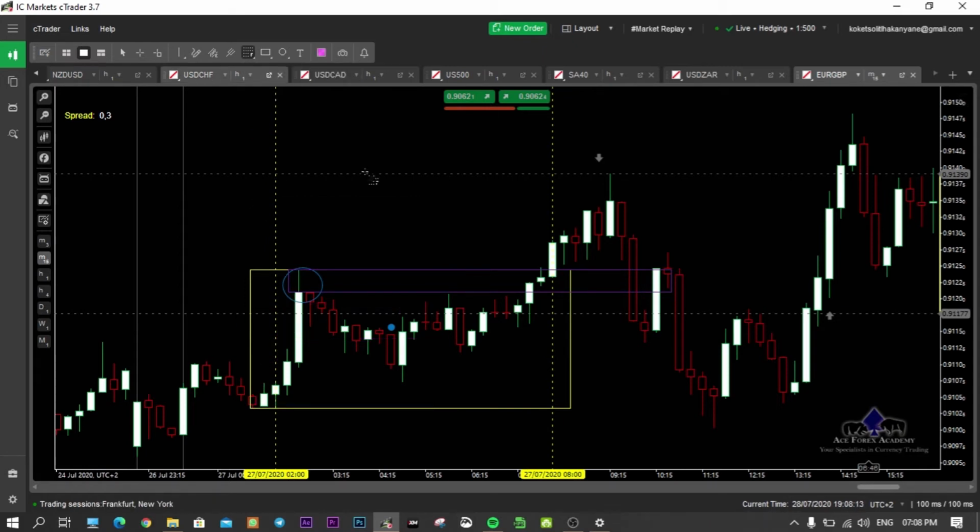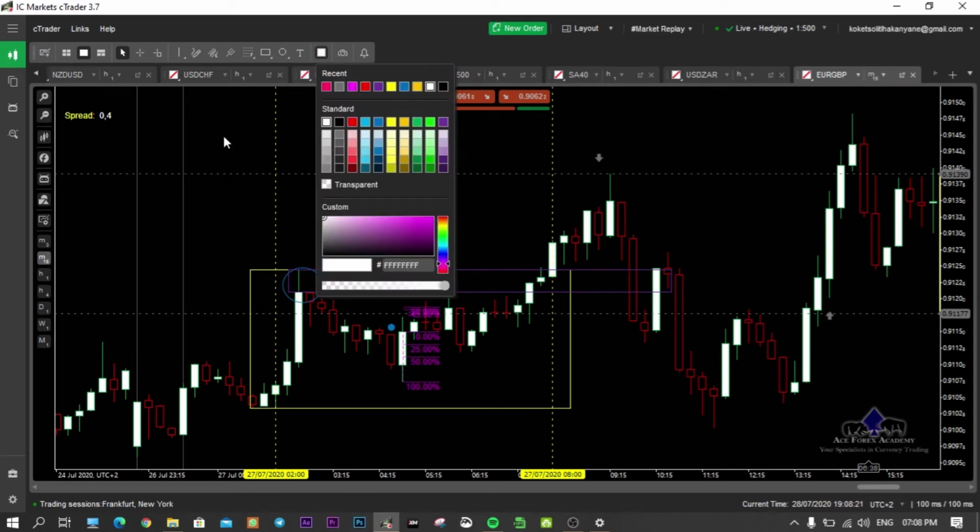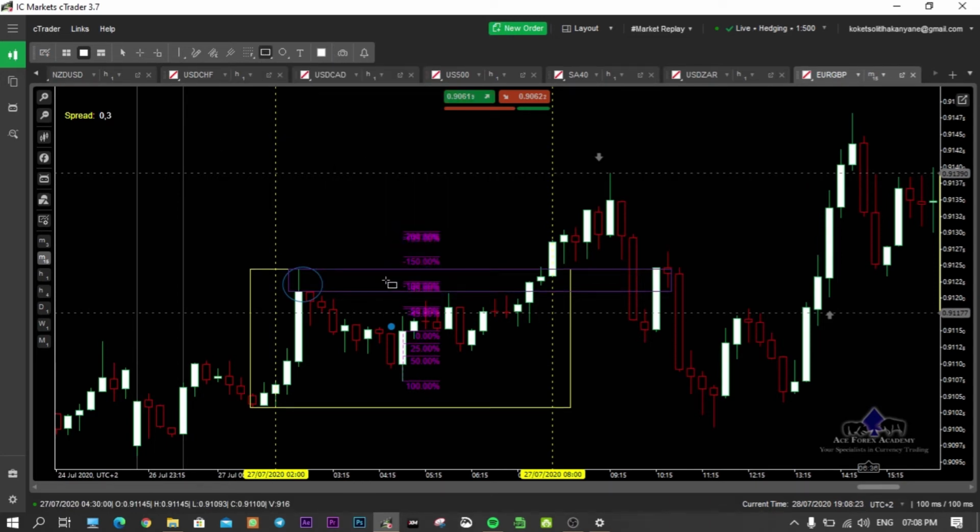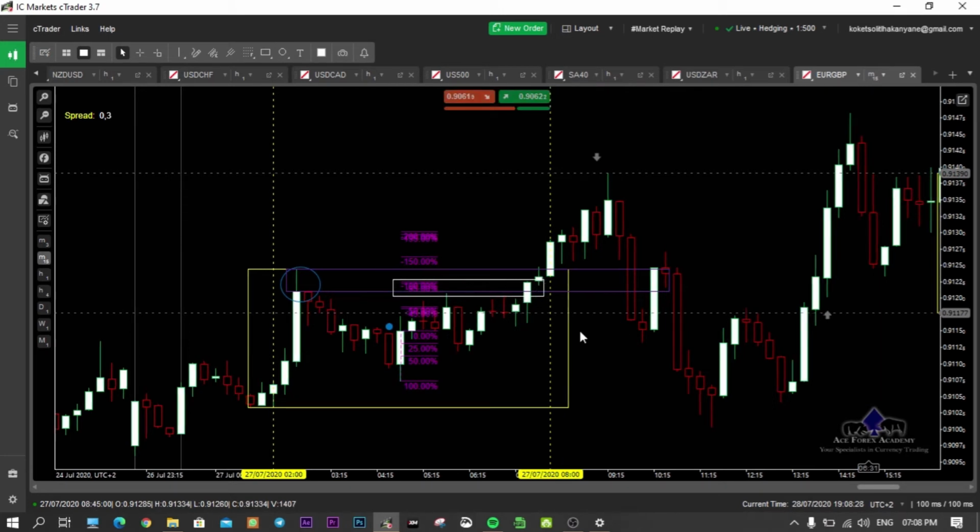Let's go back to our Fibonacci tool, and we can then see that we had a close past that high, and with the forecast of our different TP areas or take profit areas, what we can then see, the minimum that we strive for, which is 1:1, sits within our area of resistance. Okay, and 1:2 far exceeds that.